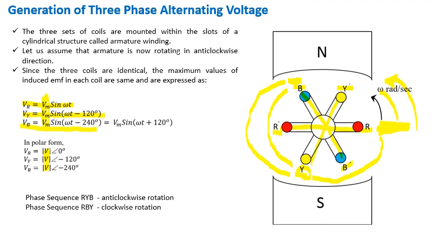But in case of large generators, of several megawatts, let's say a thermal generator or hydro generator, the magnetic field is kept rotating, whereas the armature winding is kept stationary.